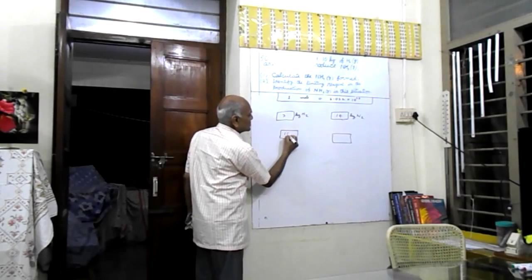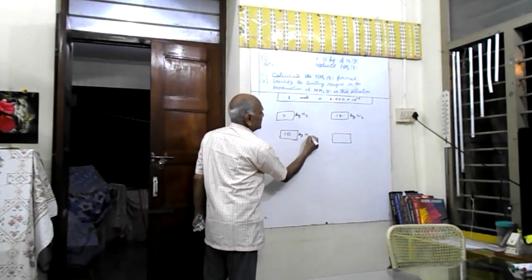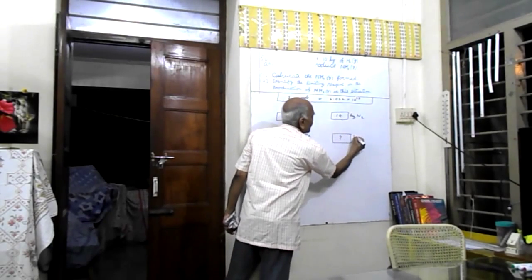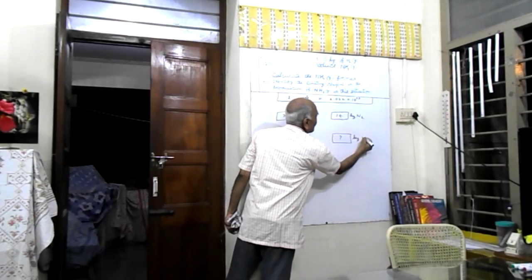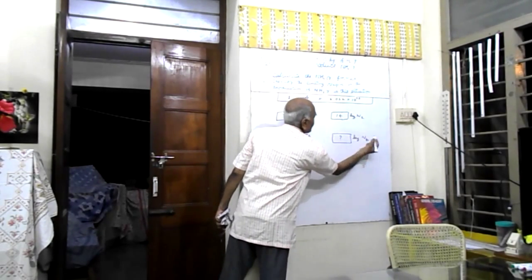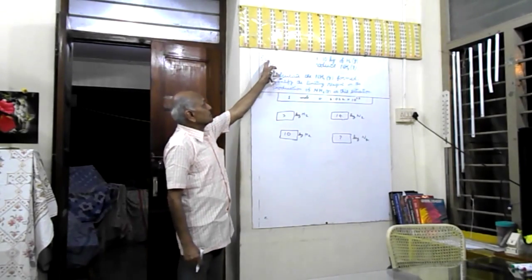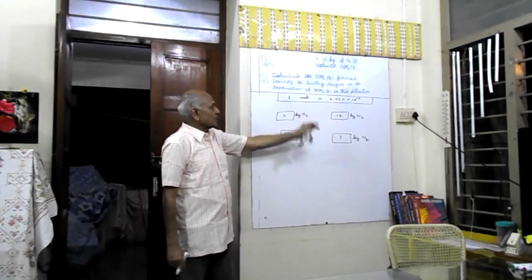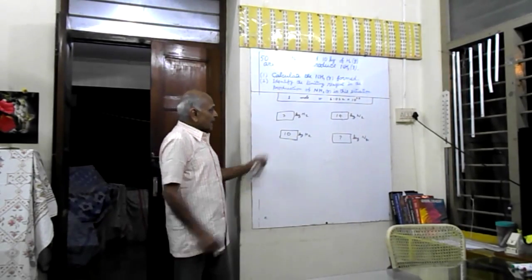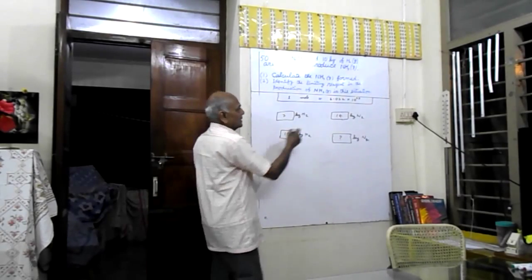So 10 kilograms of hydrogen will combine with how many kilograms of nitrogen? This is the question. Whether 50 kilograms will be more or less, we are going to find out. We have got 50 kilograms of nitrogen. But actually 10 kilograms of hydrogen requires how many kilograms of nitrogen?